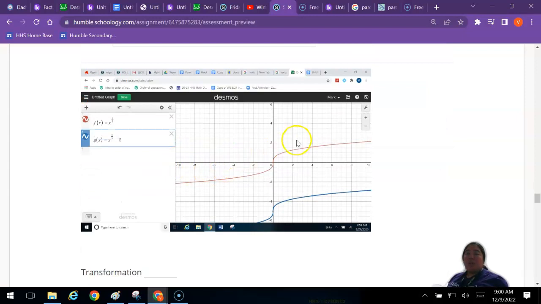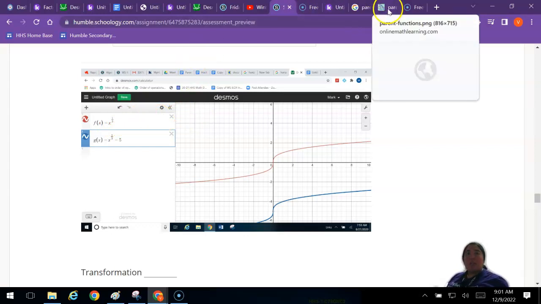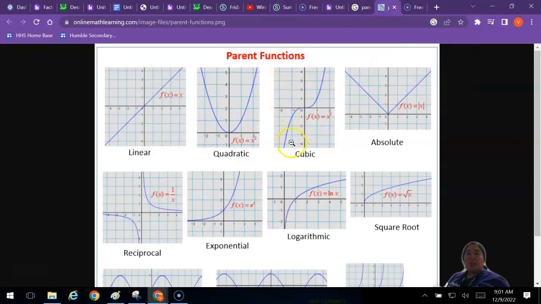Now this one, you're like, what the heck is that? That has a 1/3 here for the exponent. That's not a cubed. That's different. So I'm going to take a look at my little parent functions chart. Yep, that looks like this, but it's not cubed because it's a little bit more stretched. It's flat.